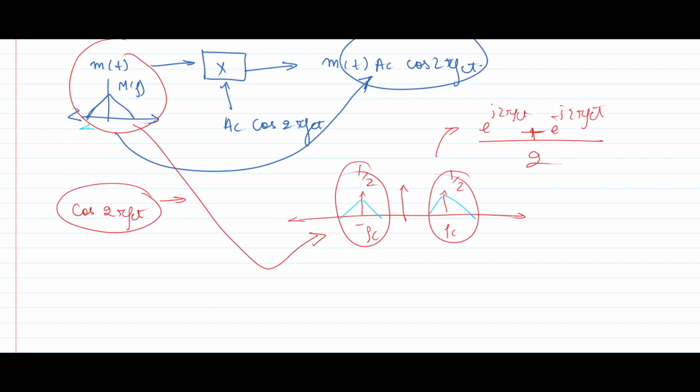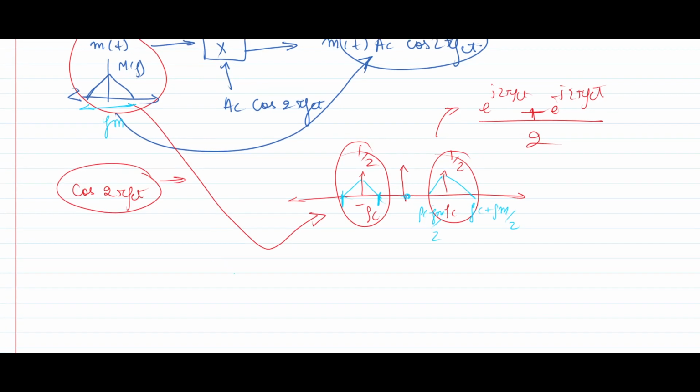So if this was fm, this would now become fc plus fm by 2, fc minus fm by 2. Simple. This is the only thing that we require to know. So how I used to remember it: whenever you are multiplying any signal with cos, pick up that signal and place it at the carrier frequency, the frequency of the cosine signal.